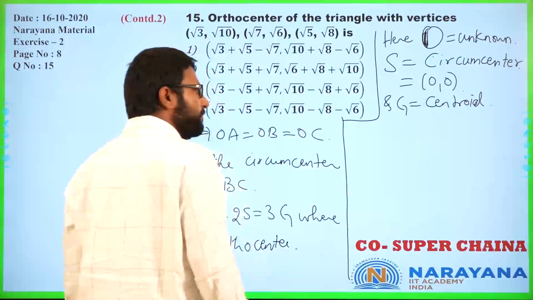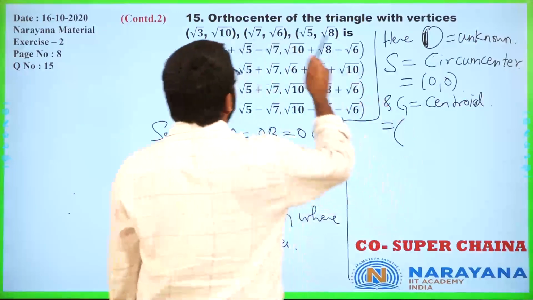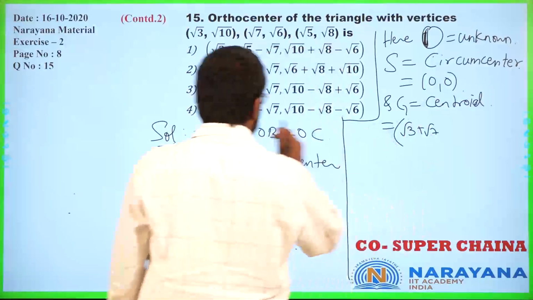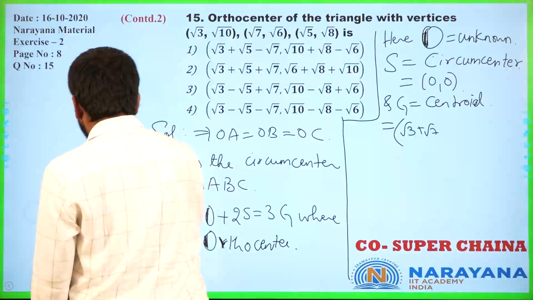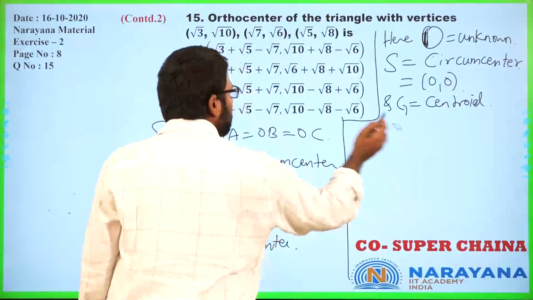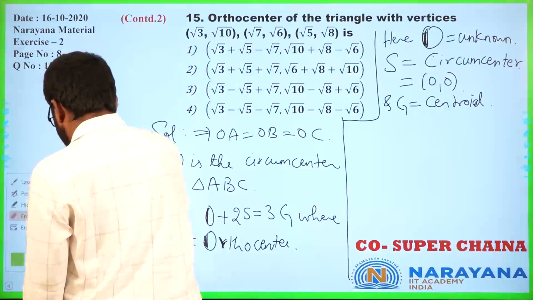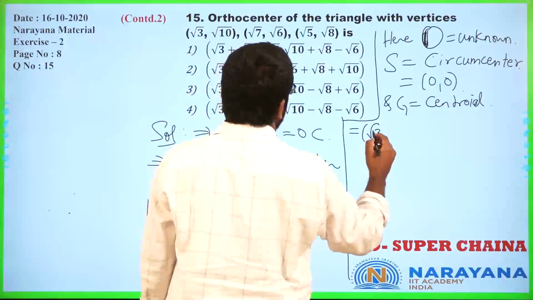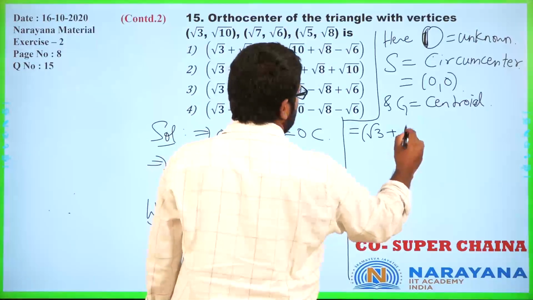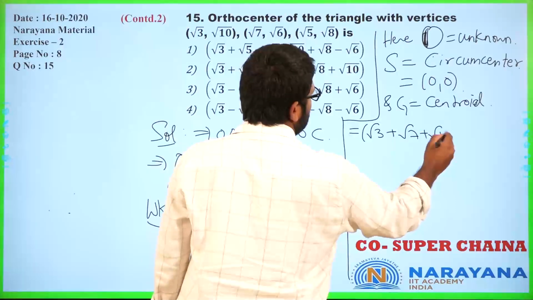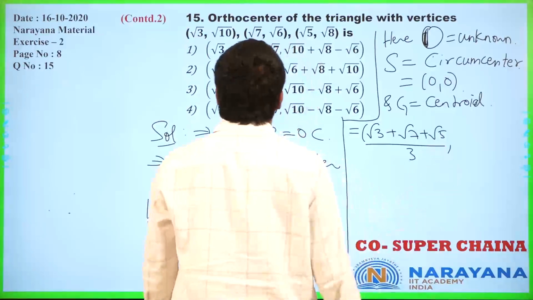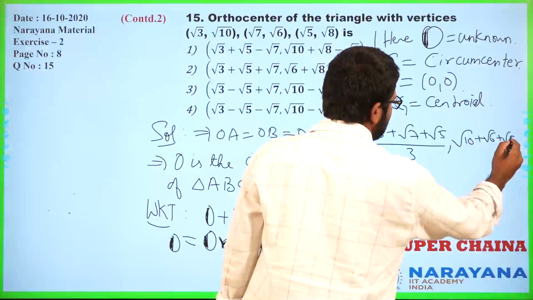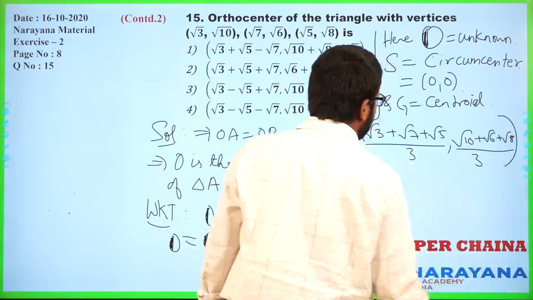And you know the formula for centroid, which is what? Equal to root 3 plus root 7 plus root 5 by 3, comma, root 10 plus root 6 plus root 8, the whole upon 3.